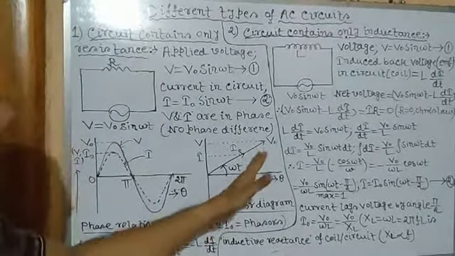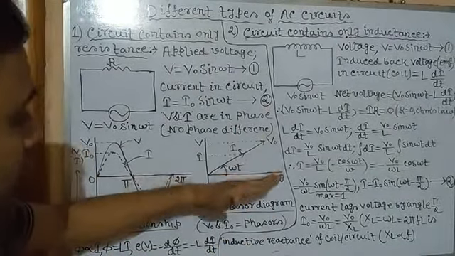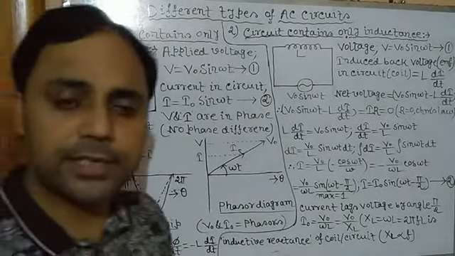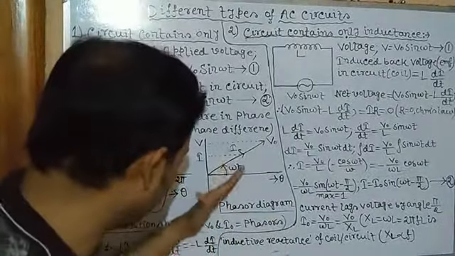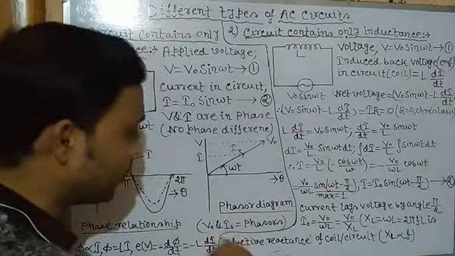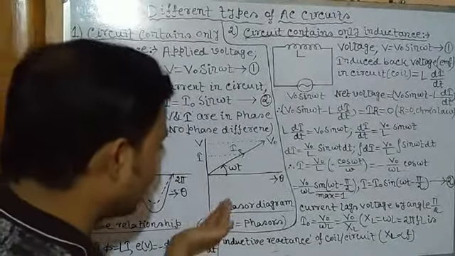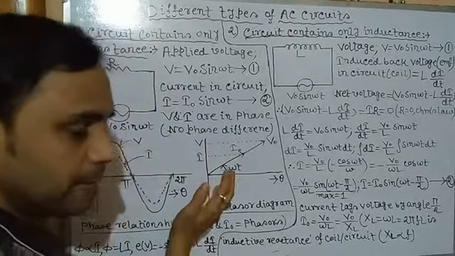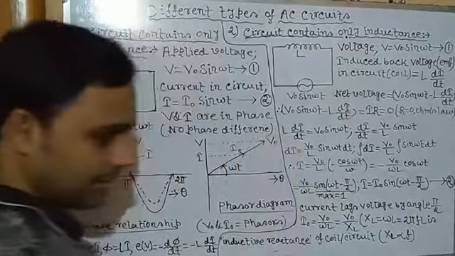So when alternating voltage and alternating current are represented by rotating vectors, they are also rotated by an angle theta, since theta is omega t. Why omega t? Because omega is equal to theta by t, so theta is equal to omega t in the anti-clockwise direction.